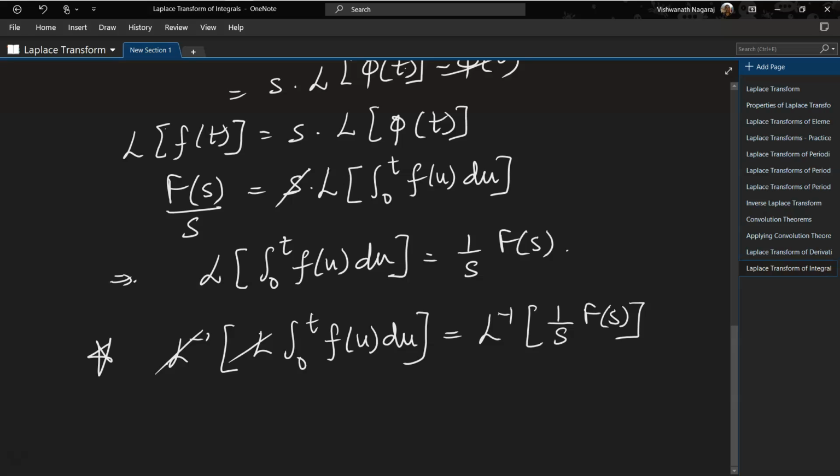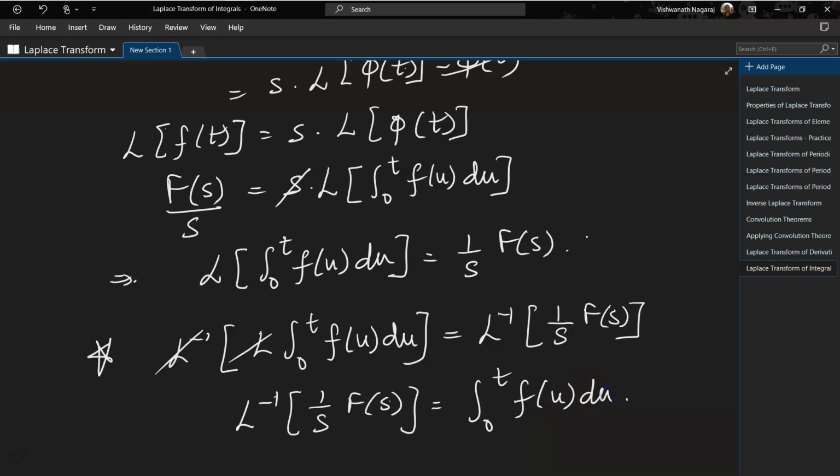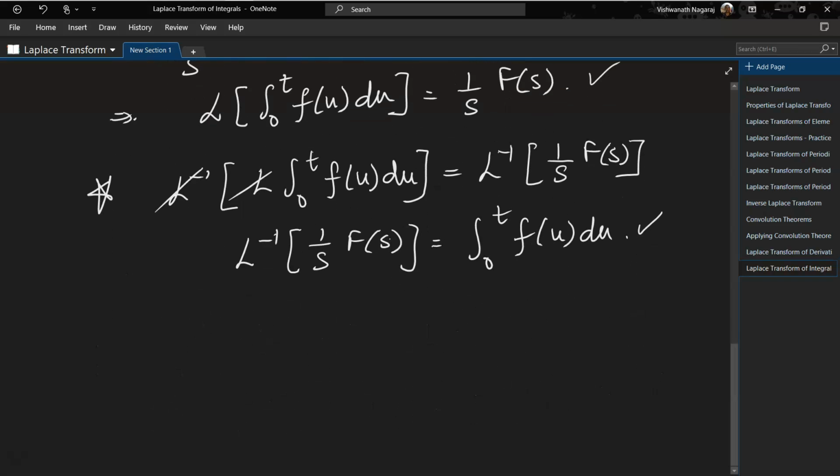So we are left with the integral, and let's switch the sides. So Laplace inverse of 1 by s F of s is equal to integral 0 to t of f of u du. Right? So the same thing we can look at in two different ways, in terms of Laplace and in terms of inverse Laplace. Okay, that is theorem 1.